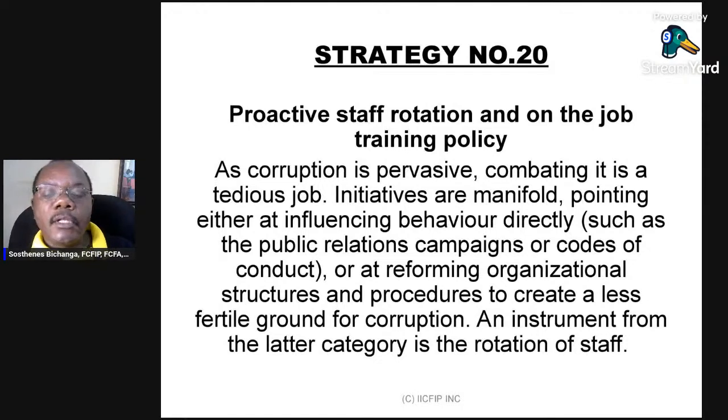This is closely related to the foregoing discussion on compulsory leave. The organization can also implement a deliberate plan of training key staff to be able to do the work of their seniors for succession purposes.